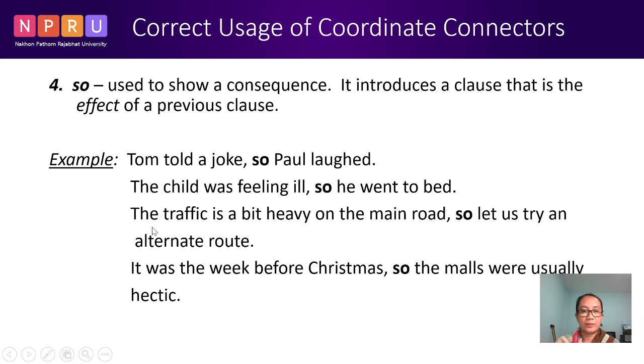Third example: the traffic is a bit heavy on the main road, so let us try an alternate route. Next: it was the week before Christmas, so the malls were usually hectic. So remember, so is used to show consequence, and it introduces a clause that is the effect of a previous clause.